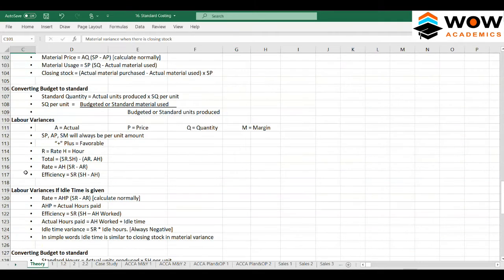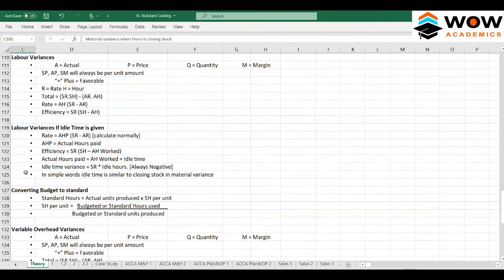Okay, we are not going to look at closing stock, but we will be looking at the labor. So how do we compute labor? Labor again is split into two main ratios here. There's one ratio called total.